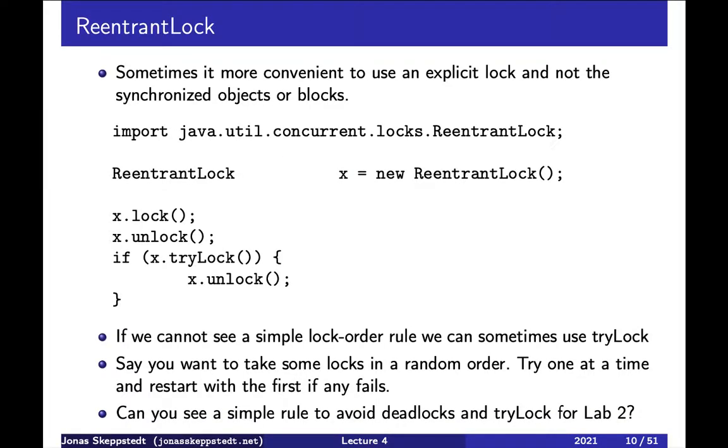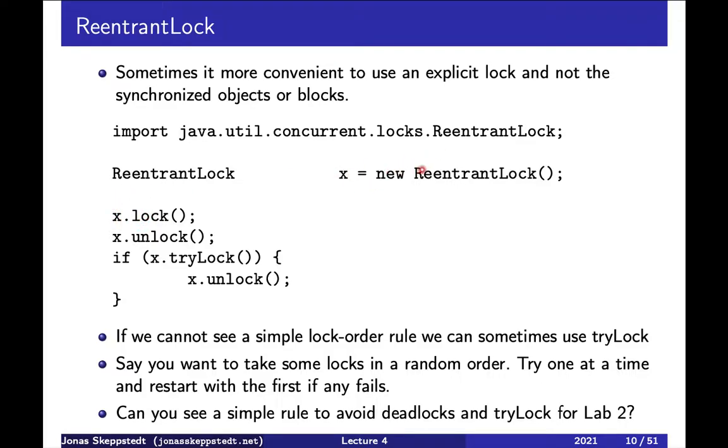Okay, sometimes it's not sufficiently convenient to use the implicit locks of an object. Instead, we may want to use a more normal lock, and we can for instance use this reentrant lock.